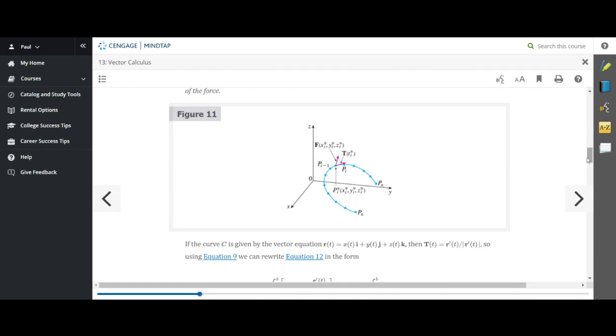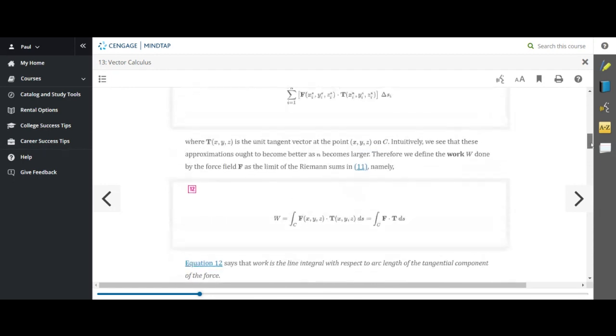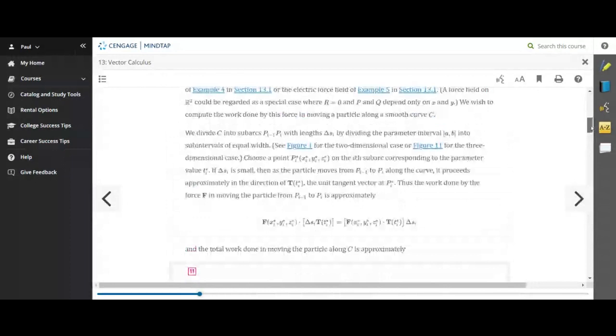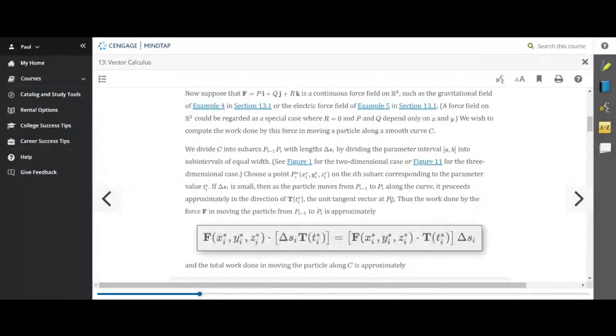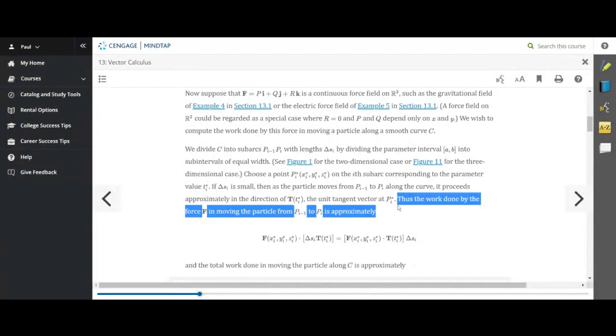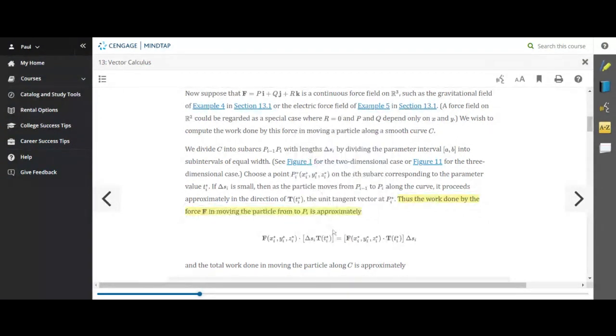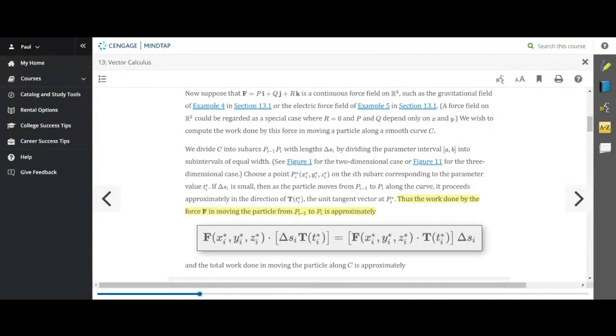So what we're saying then is that the work done by the vector force F in moving the particle from one point to another point is approximately equal to this dot product between the force field vector and a scalar multiple of that unit tangent vector.